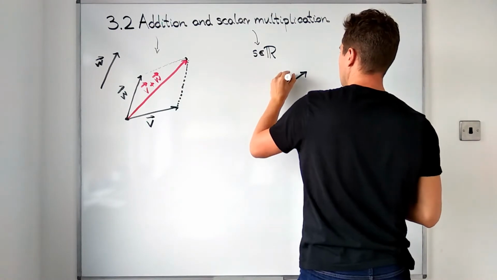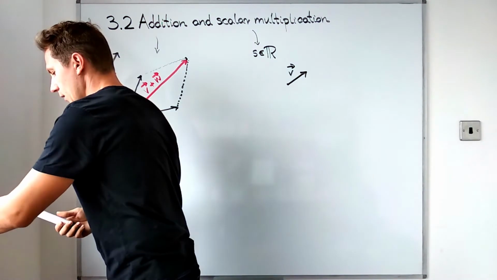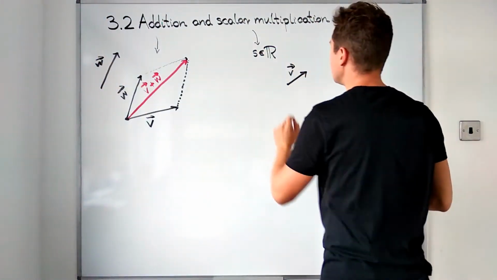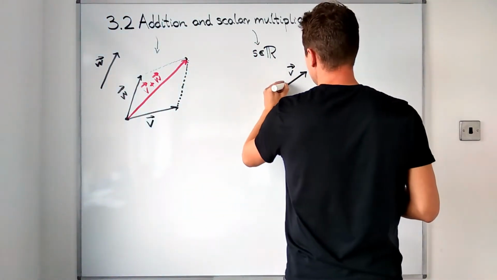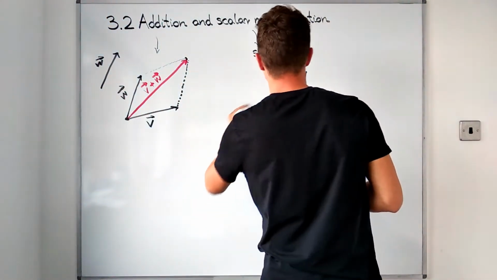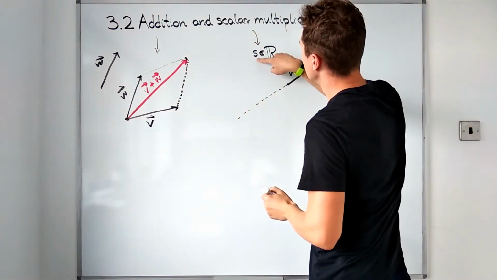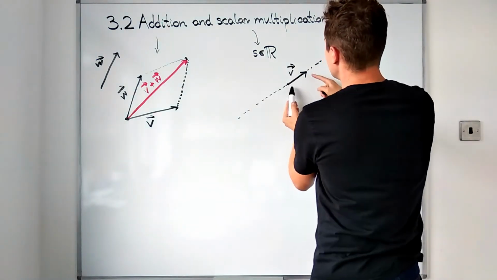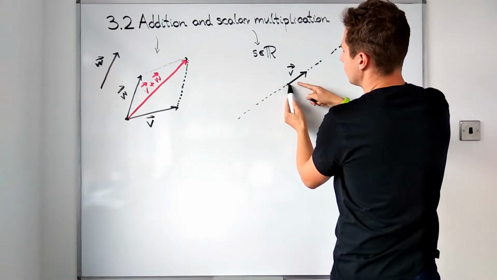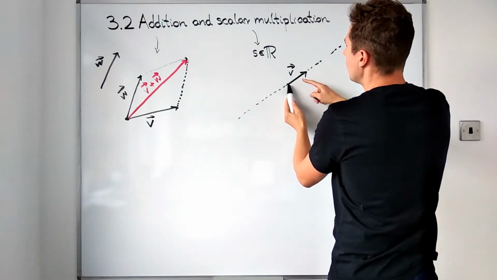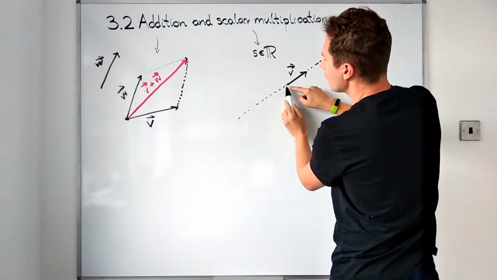So here is my vector v. When I multiply it by the scalar s, it results in a vector that is along this line specified by v, and depending on the sign and the value of s, it might stretch our vector, make it longer, it might shrink our vector, make it shorter, or it could flip the vector over this point to the other side to point in the opposite direction.